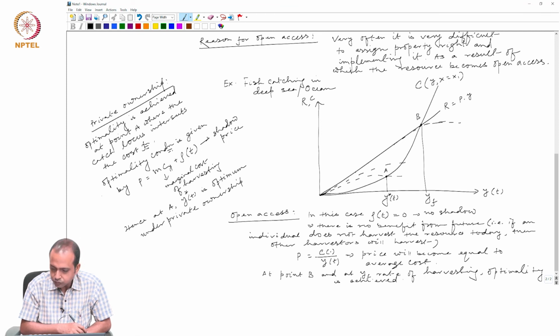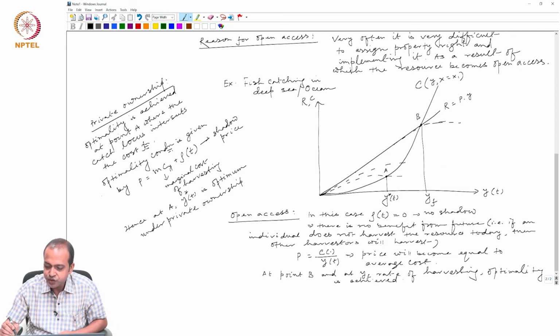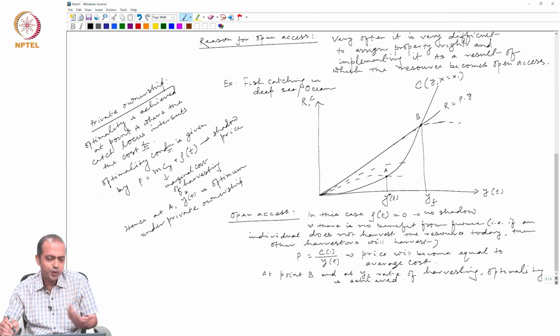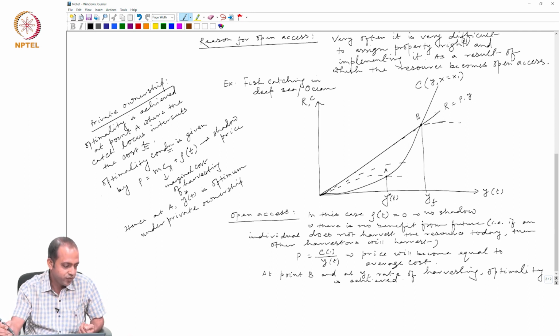What we see is that the rate of extraction is much higher in case of open access resource. Why is this happening? Because too many entrants make extraction more costly, so cost of extraction increases. To break even, the harvester obviously has to harvest more, as there is no benefit from preservation. As a result, the catch locus will shift upward and make the optimality point at a level where cost equals revenue. It is just the break even point for the harvester.